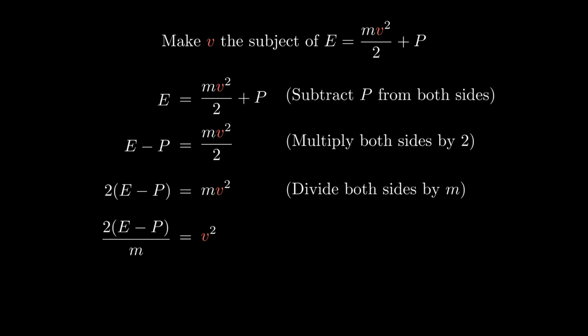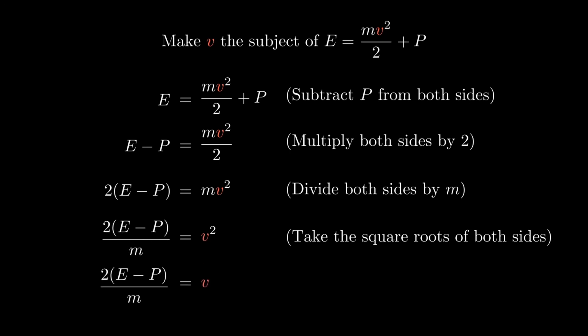So the opposite of squaring is square rooting, but we've got to make sure we allow for the fact that v could be positive or negative, and either of them work, right? And so when we take a square root of both sides, we've got to make sure we take plural square roots of both sides, right? Which is why you'll see that plus or minus symbol appearing at the end there.